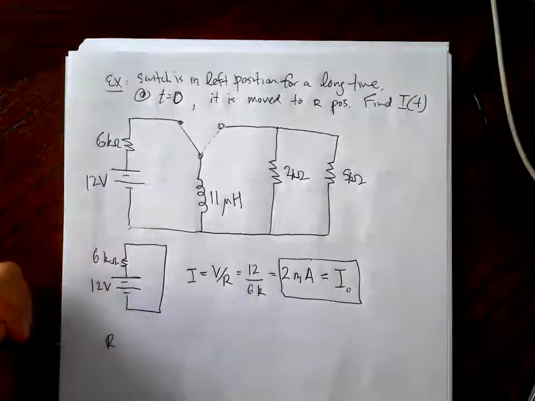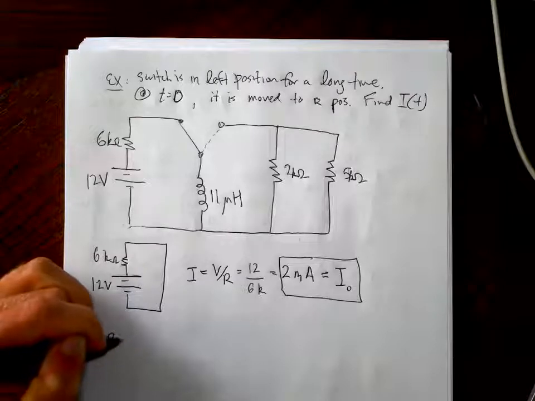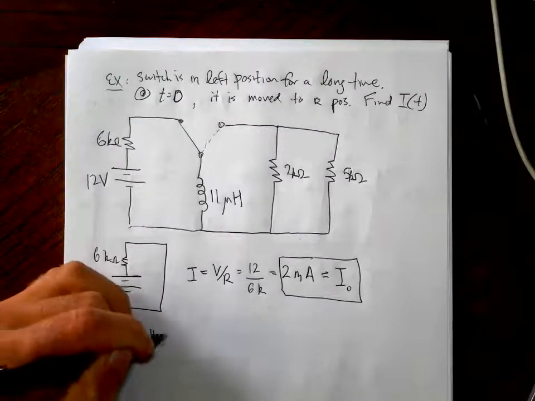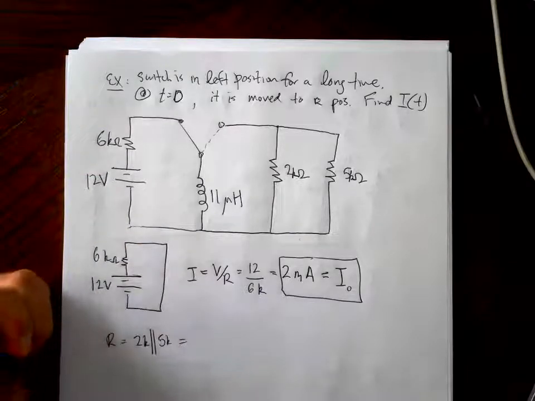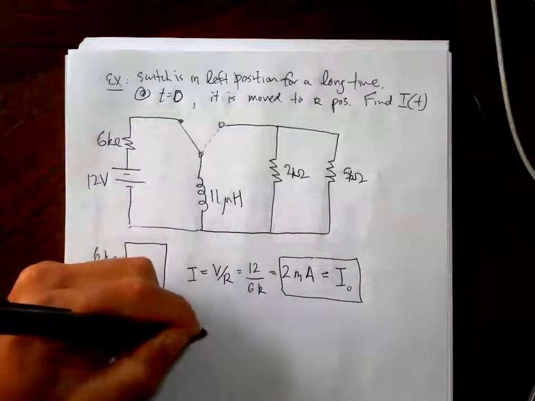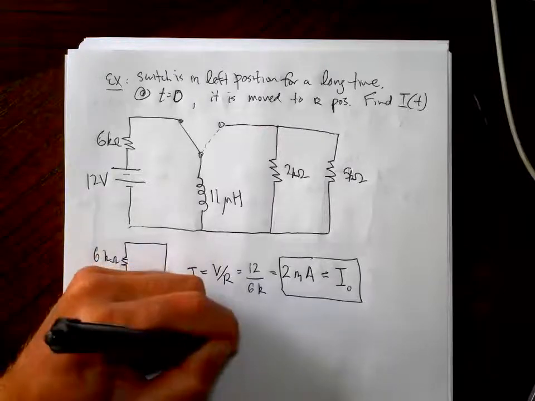So the resistance that the inductor is going to see is 2K in parallel with 5K, which, I will spare you the math, is 10 over 7 kilo ohms.